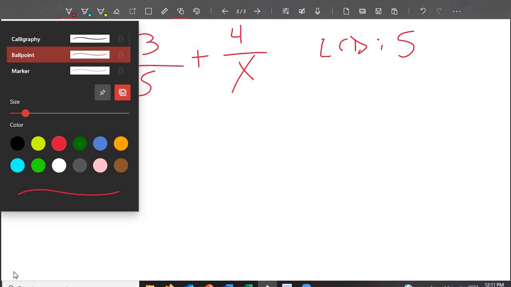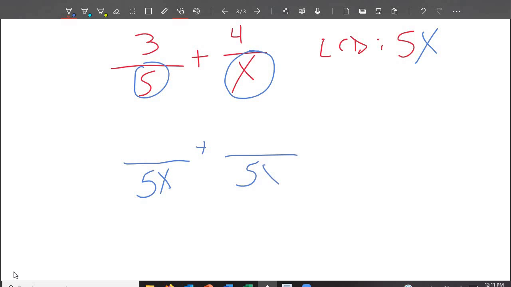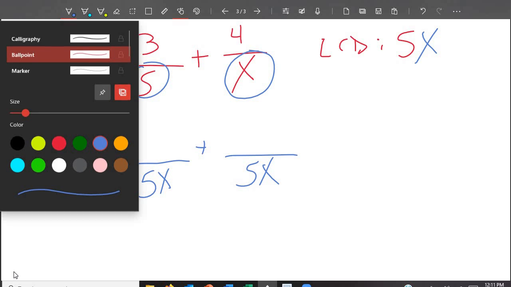Now notice the second denominator has an x, so over here I also have to have an x. I've got to have the 5 and the x. That means I'm going to have two fractions, and the denominator is going to be a 5 and an x.